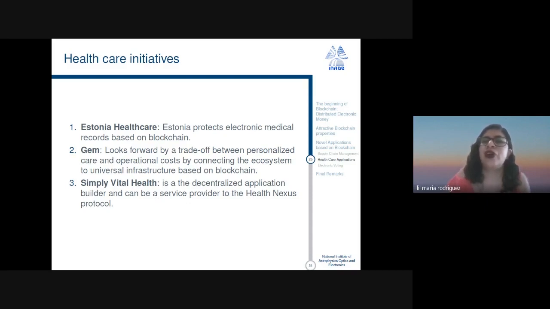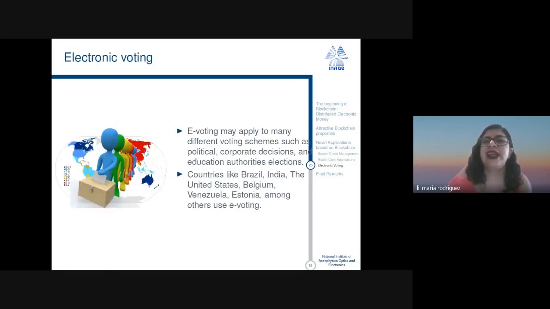Okay, so finally, I will talk about another application that is electronic voting.